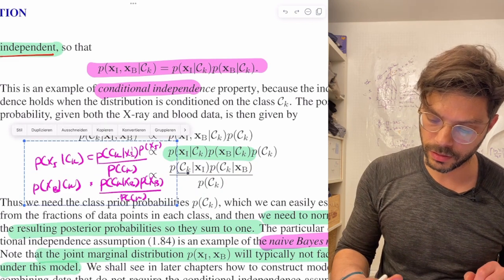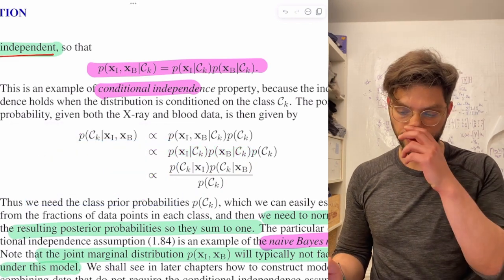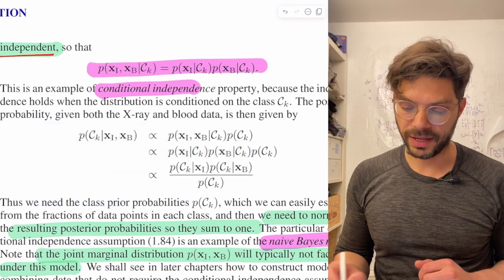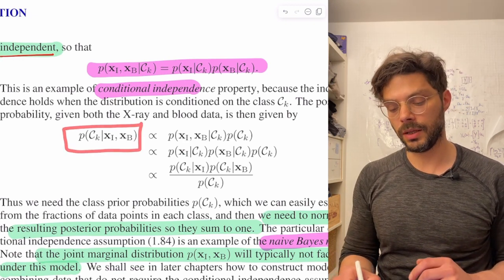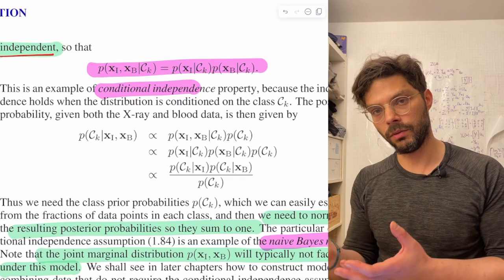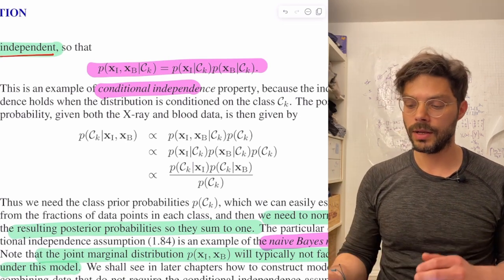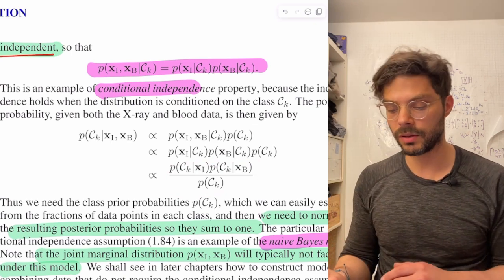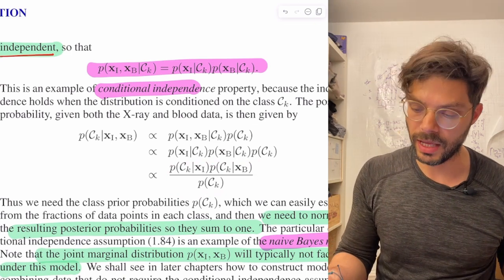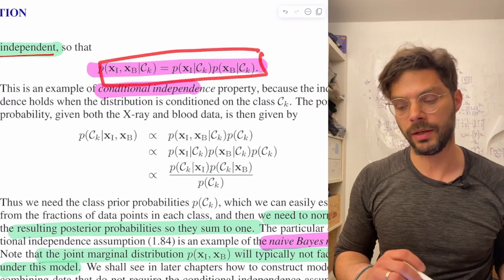Let's erase all of this. Okay, so that's what that's about. So the posterior probability given the two test results can be related to the product of the posterior probabilities on the individual test results, scaled by the prior, if we make this conditional independence assumption.